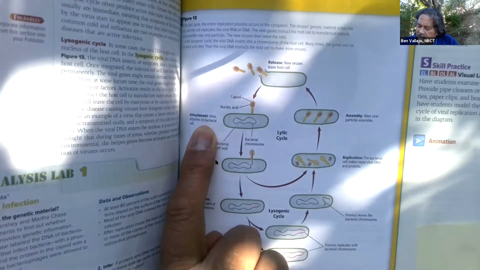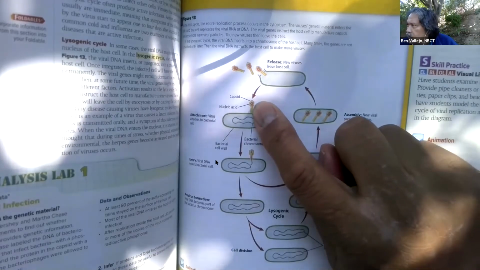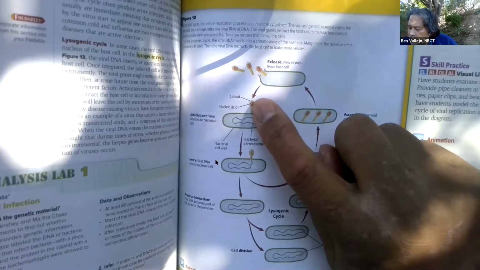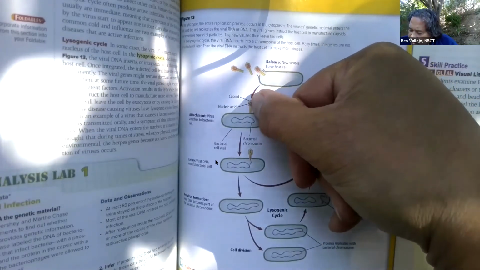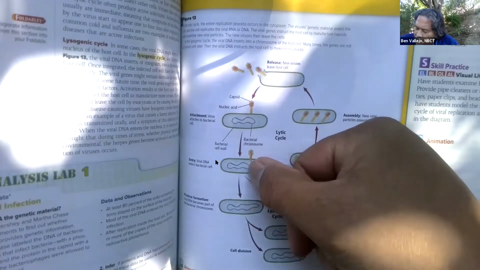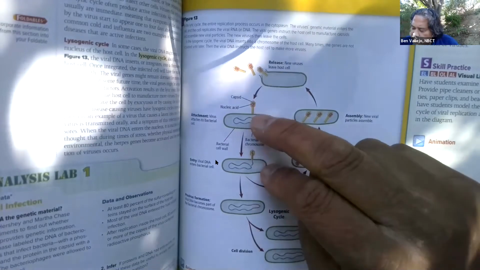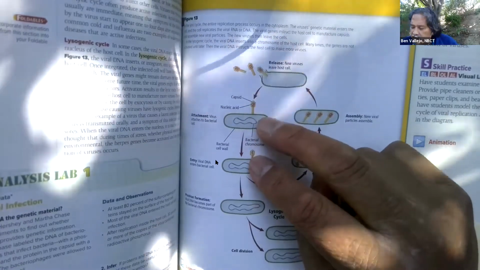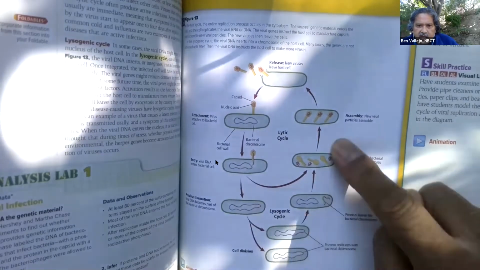It says virus attaches to bacteria cell. That's the virus right there. Looks like a spaceship, right? And that spaceship attaches, and then the nucleic acid that's inside the protein head is going to be injected right there. And so it says entry. It's also called injection. Viral DNA enters the bacteria cell. So you're going to have both of those happen in both the lytic cycle and the lysogenic cycle.